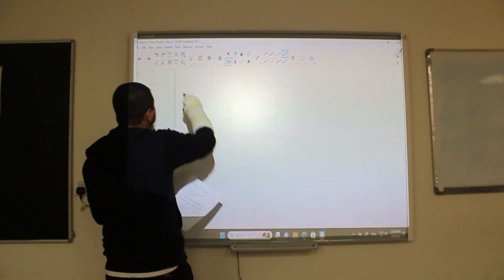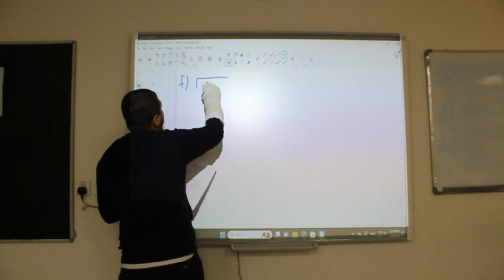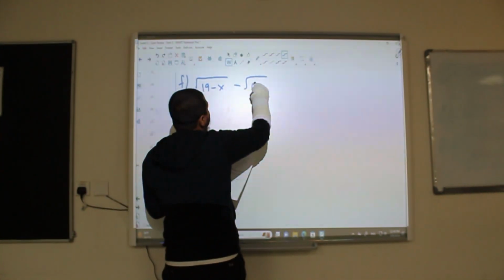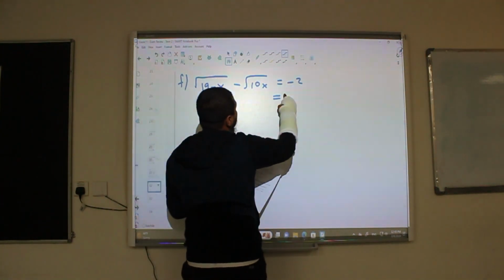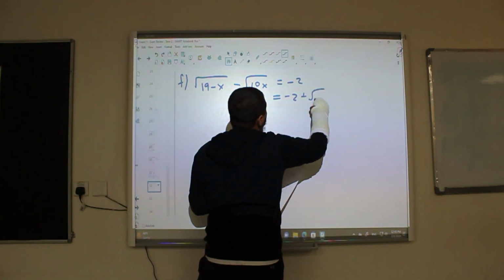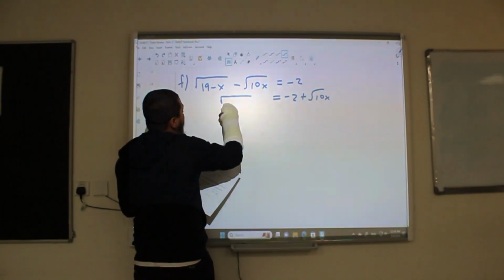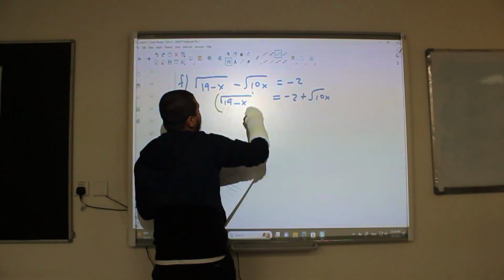Quickly to solve part f, same method as the previous one. So we have square root of 19 minus x minus square root of 10x is equal to negative 2. We move that over. So negative 2 plus root 10x is basically the same as the previous problem, but just different numbers. So what we're going to do is square both sides.